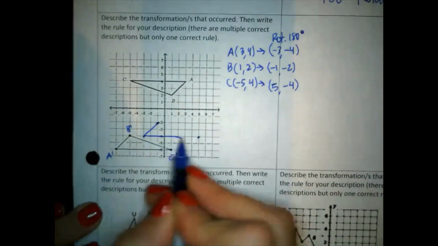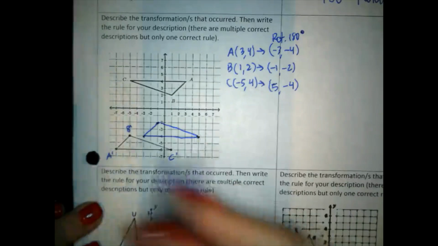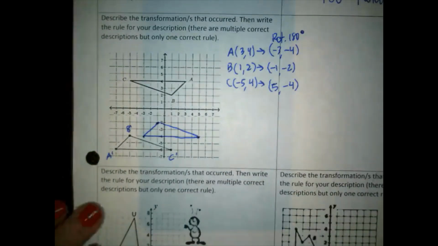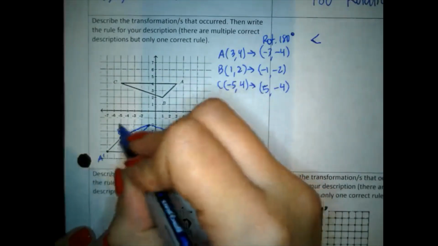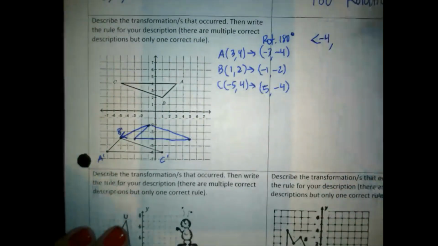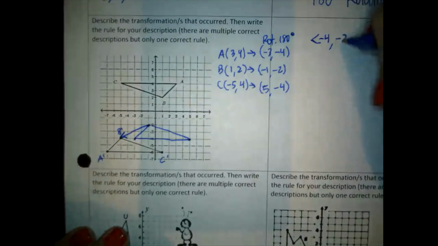When I rotated that 180 degrees, A is on the left, C is on the right. The only thing we have left to do is to translate. Looking at that vector, we would go back 1, 2, 3, 4, so -4, and down 2, so -2.